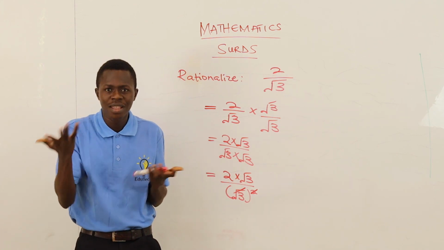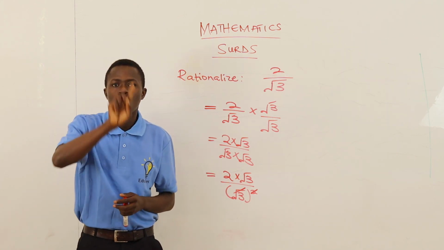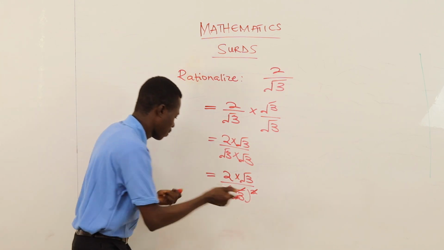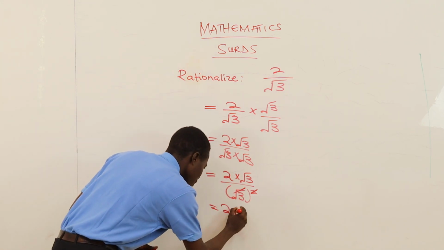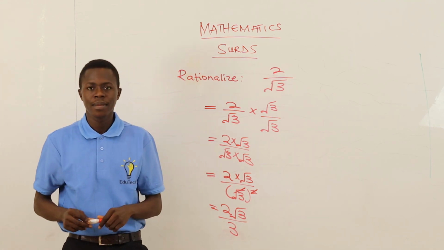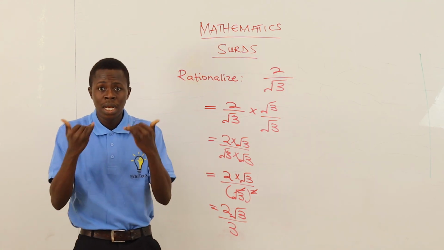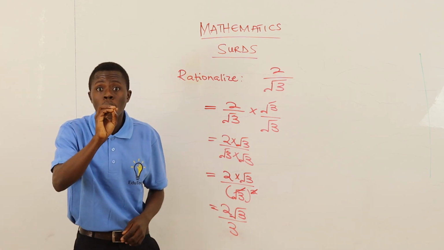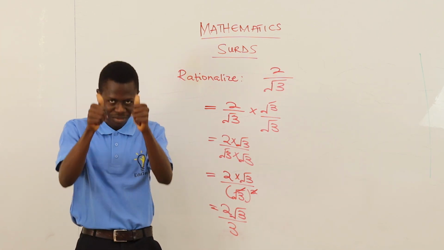Now we continue with our simplification. 2 multiplies square root of 3 and it becomes, yes, 2 square root of 3. Then divided by 3.